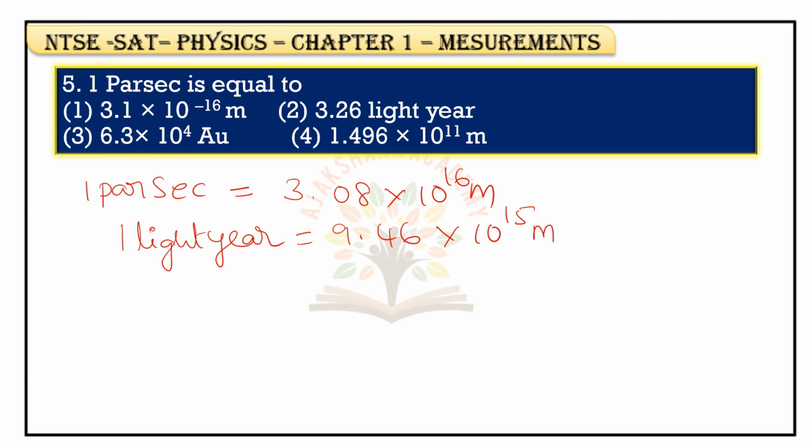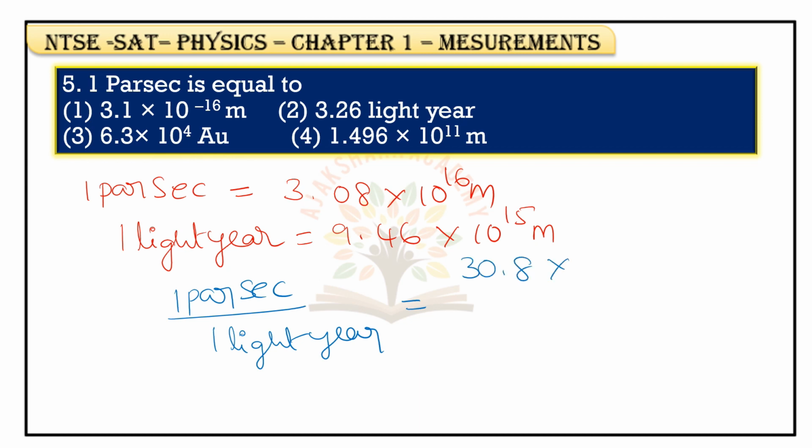Therefore, 1 parsec by 1 light year is equals to 30.8 into 10 to the power of 15 by 9.46 into 10 to the power of 15.